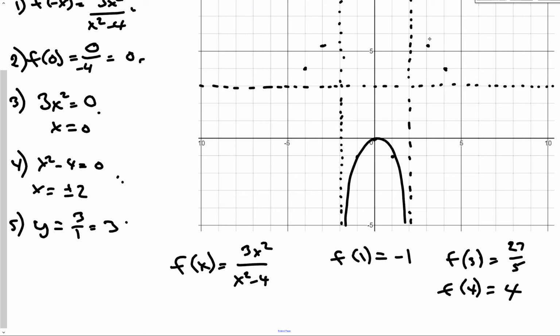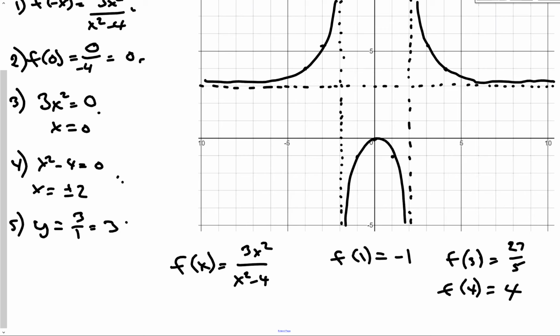In this case, I can see that it's going to be going up. Now I have enough information to finish this graph because I can make it look like that, and like that. And there's my graph.